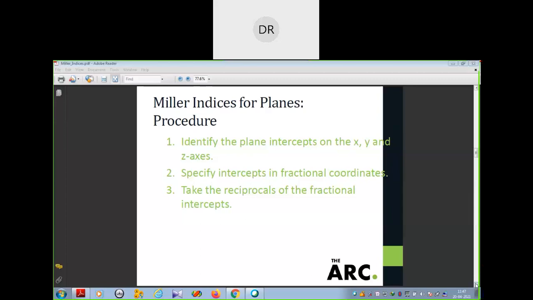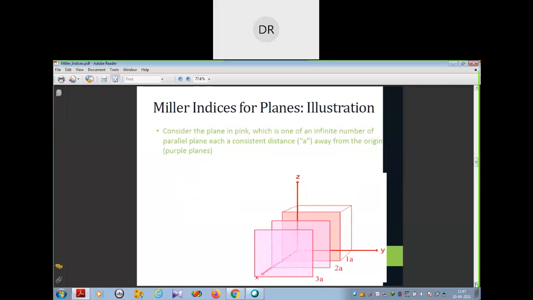You have to take the intercept first, then take its reciprocal, and then multiply that reciprocal by a common whole number, the higher denominator. I already showed you. By multiplying all three numbers, you get whole numbers, and that will be the Miller indices for the plane.